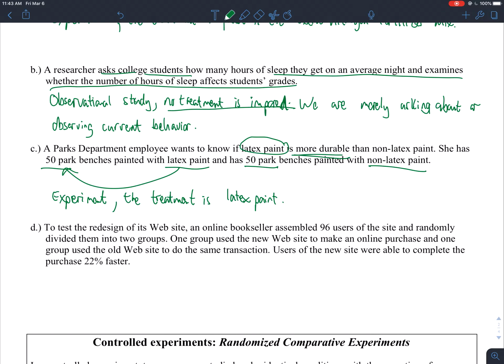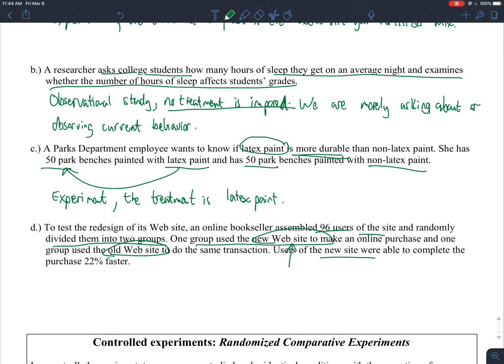To test the redesign of its website, an online bookseller assembled 96 users of the site and randomly divided them into two groups. One group used the new website and one group used the old website. Users of the new site were able to complete the purchase faster. Can I identify a treatment? Yes, there's a new website.